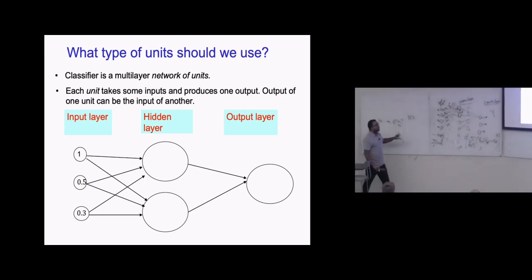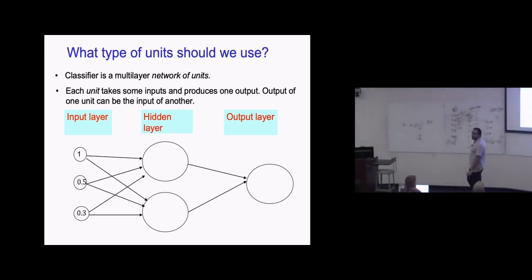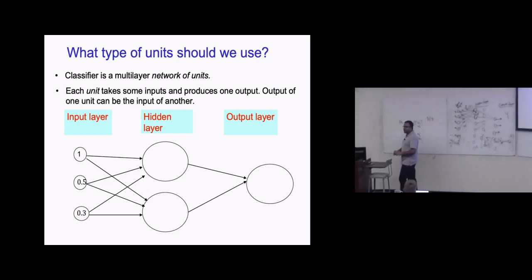Okay, so let's say we have just 2 inputs, 2 units in the hidden layer, and 1 output layer. It's a binary classification task, let's say. If it fires, it's class 1 in the output. If it doesn't fire, it's the negative class.